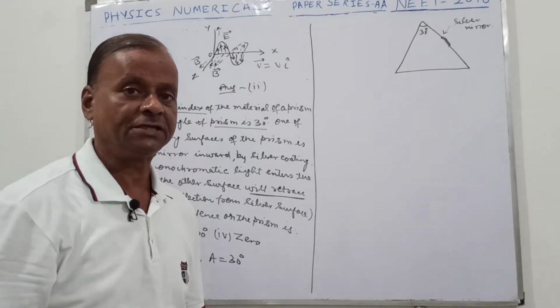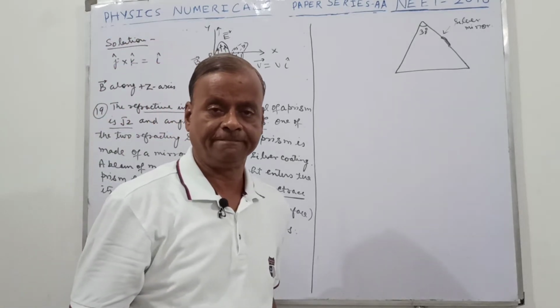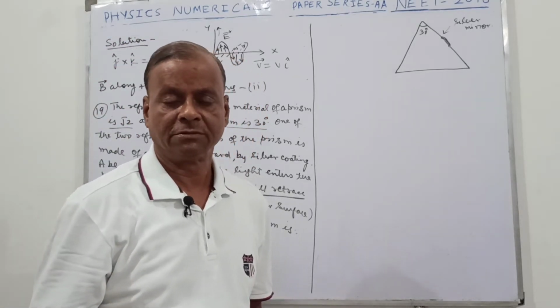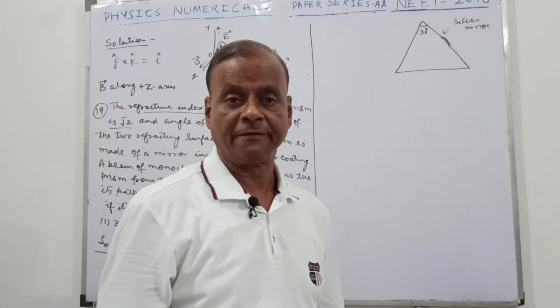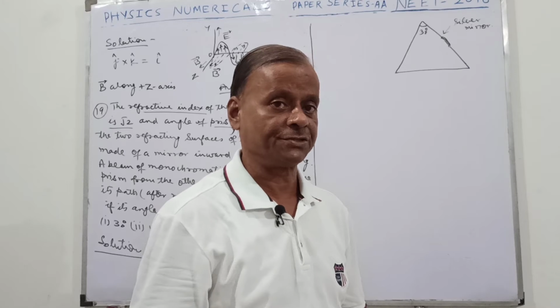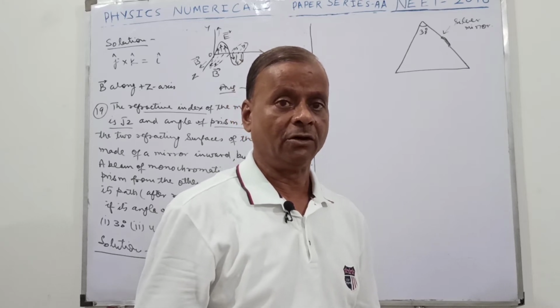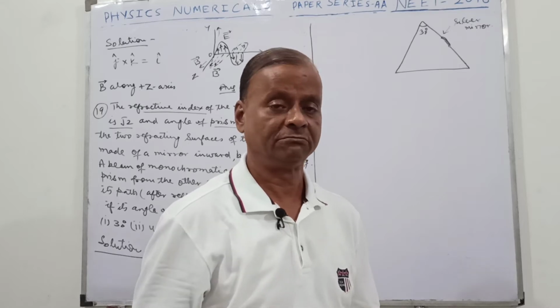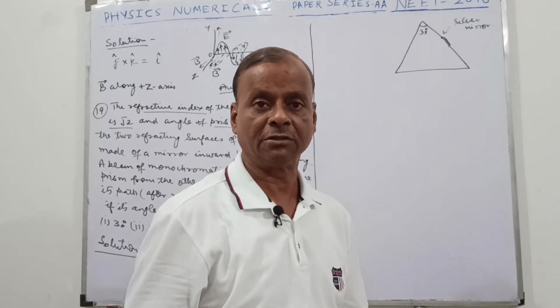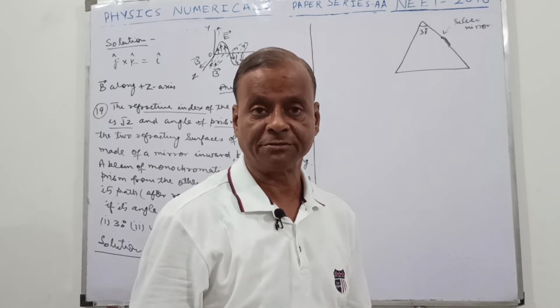You would have studied about the reflection from mirrors, that when the light ray goes parallel to the principal axis, or along the principal axis, then it is reflected as such. So it does not have any kind of deviation.